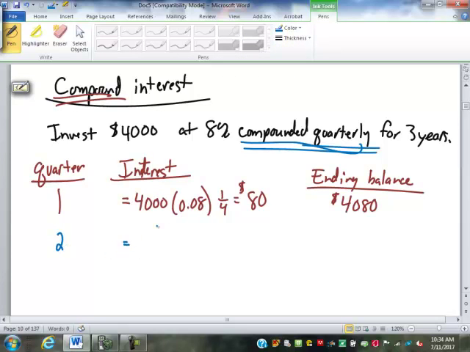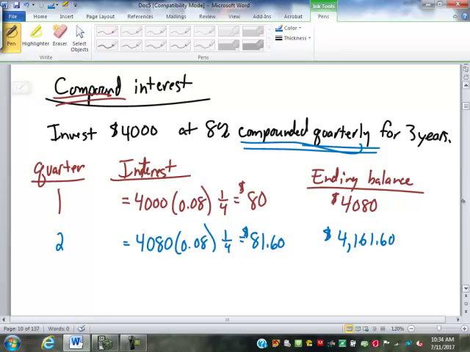Well, in quarter 2, how do we find the interest? $4,080 times 0.08 times 1/4 gives us $81.60 in interest. $4,161.60 is our total balance.